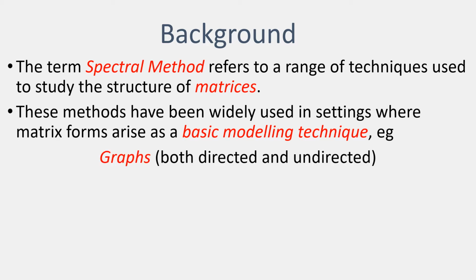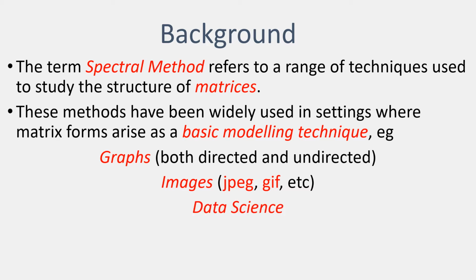For example, in graph theory, in both directed and undirected cases. When we're looking at images, irrespective of the format of those images. In this area called data science, in machine learning, and in a subject called game theory, which some of you will meet in the final year of the course.